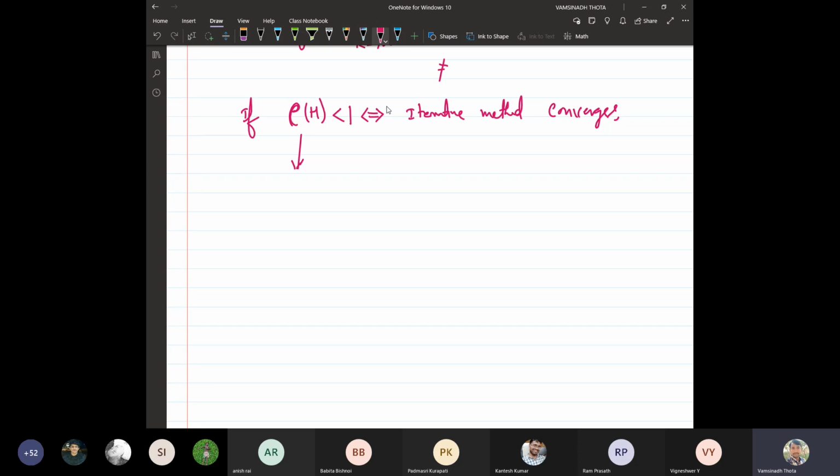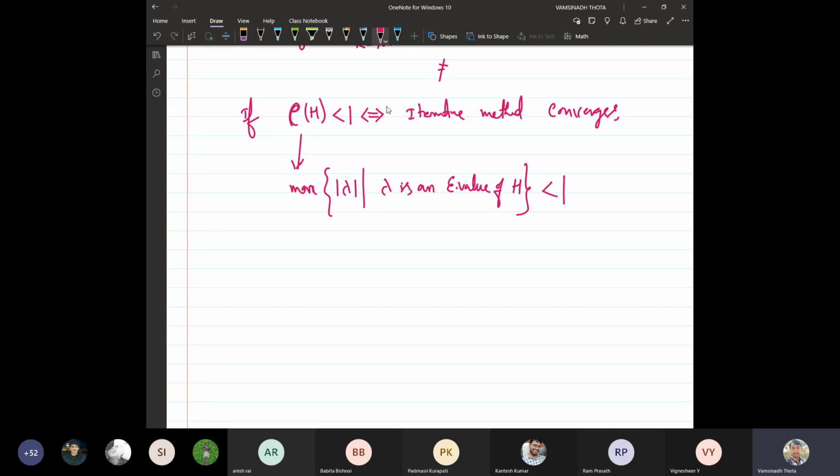It is the maximum of the modulus of lambda such that lambda is an eigenvalue of H. This should be less than 1.